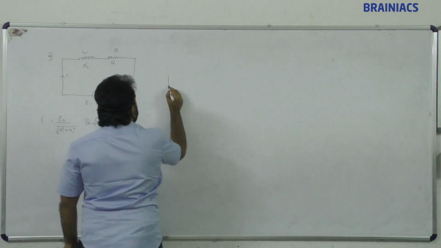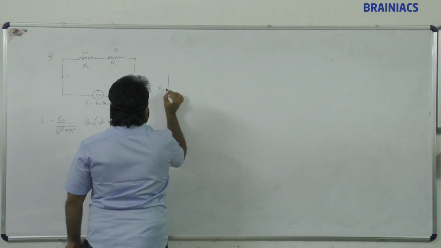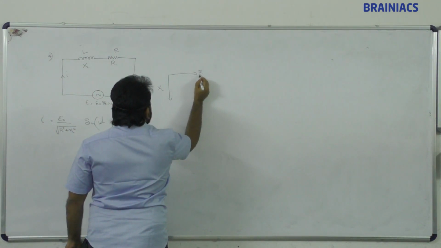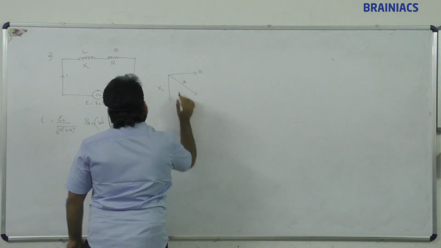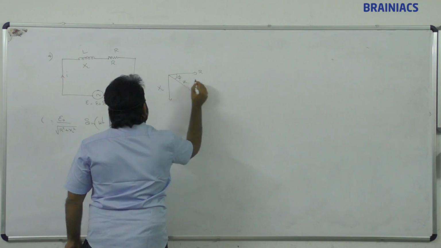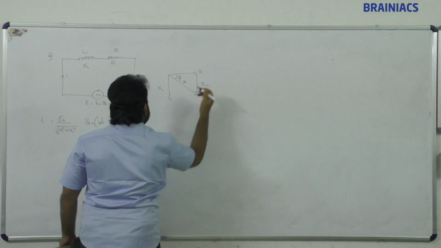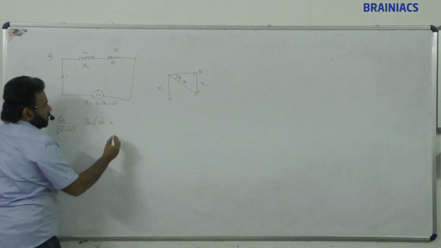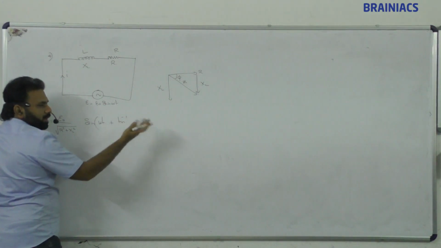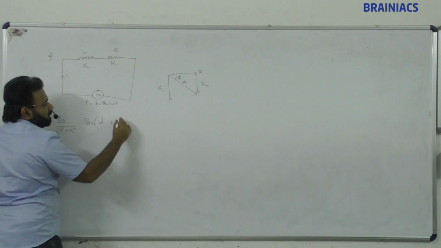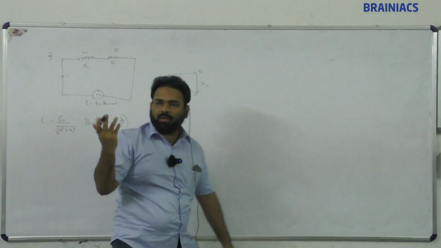Phi is nothing but, suppose this is XL, this is R and this is the Z, and this is phi. Based on that we can write tan inverse of XL by R.